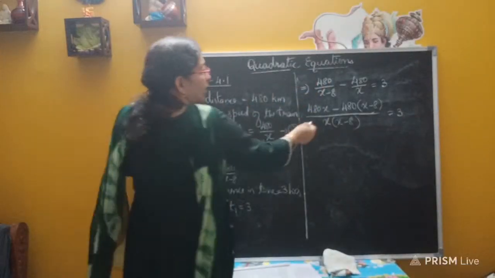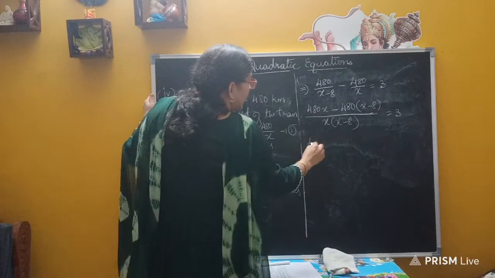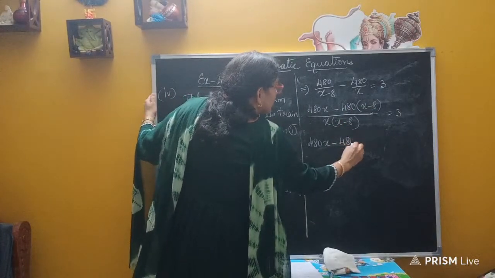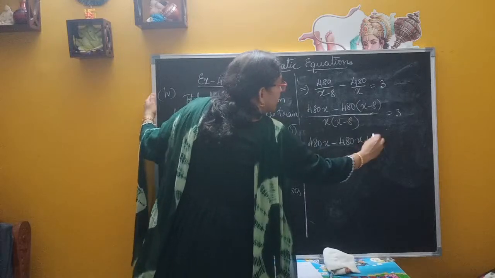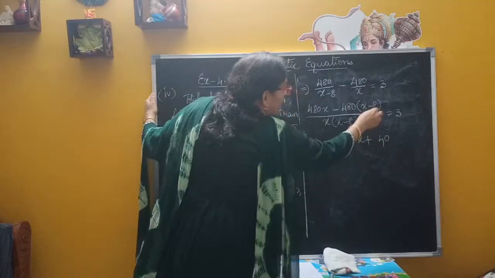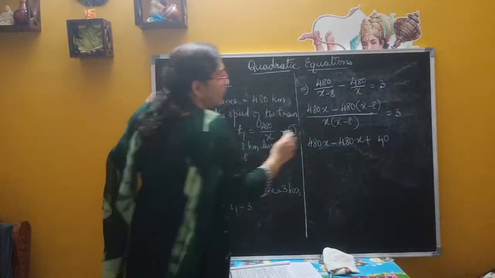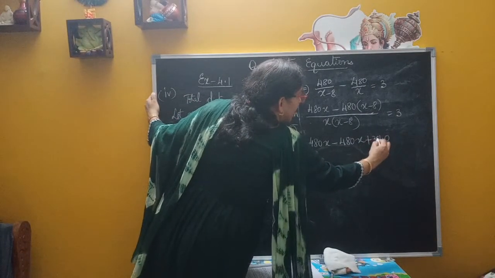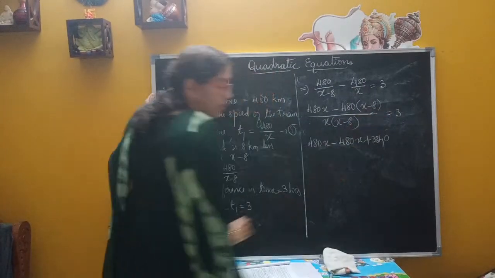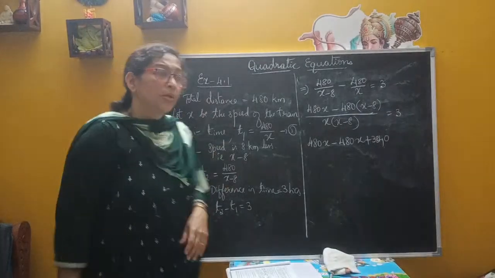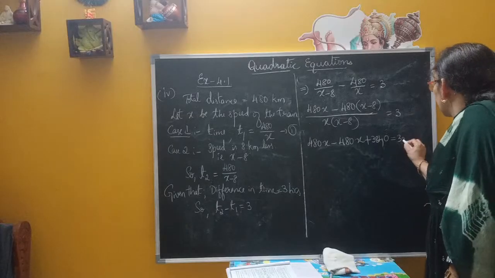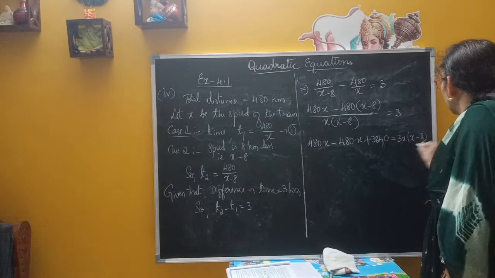Multiply and transpose this. Here the numerator will be 480x minus 480 into x minus 8, which is 480x minus 480x, and minus into minus is plus, 480 into 8. 8 zeros are 0, 8 8s are 64, 8 4s are 32 plus 6 is 38, so 3840, is equal to, transposing this to the RHS, it is multiplied, we get 3 into x into x minus 8.